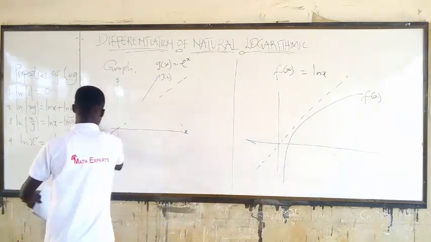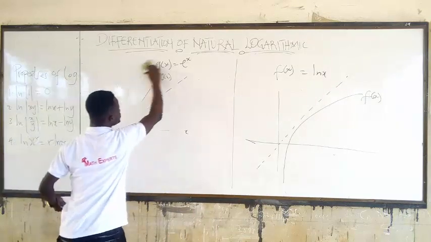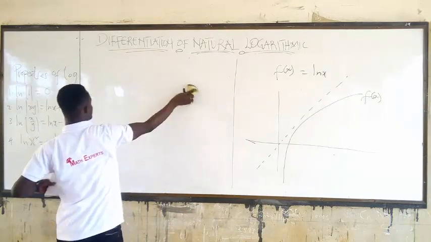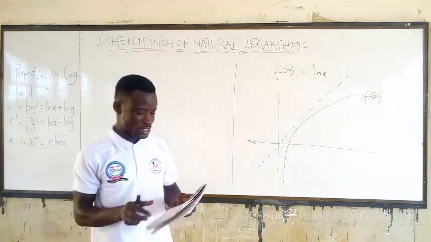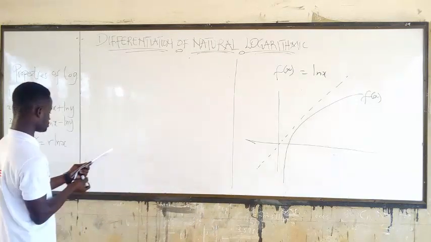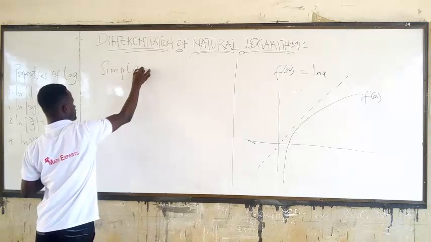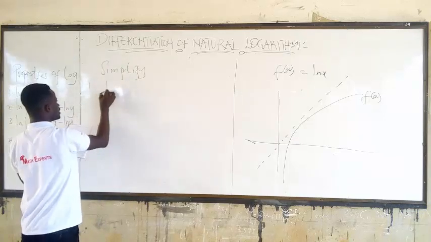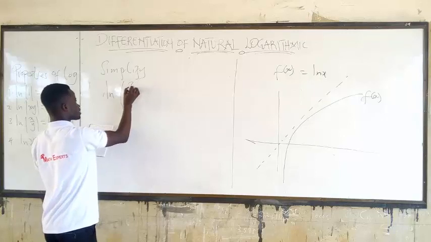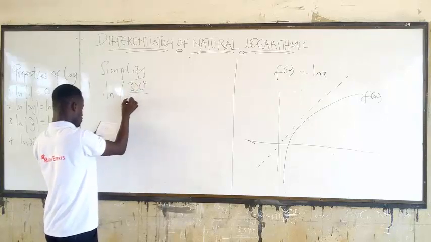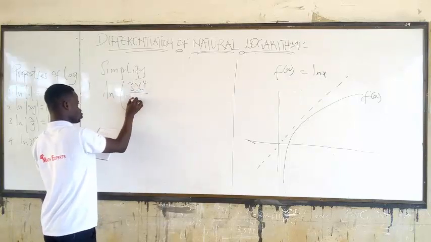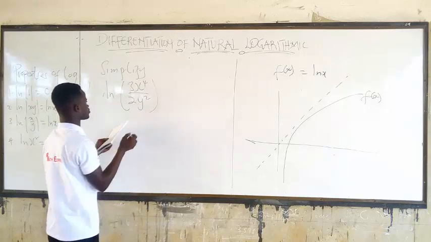So our first question is going to be: you have to simplify ln of 3x to the power 4 over 2y squared.